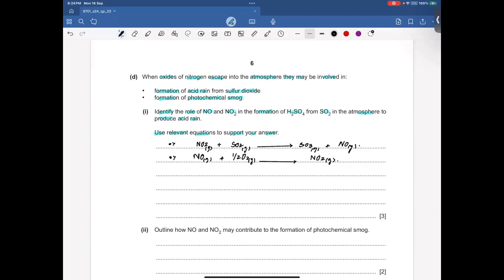Now, see, NO2 is acting as a catalyst because it is involved in the reaction and it will be recovered at the end of the reaction as well, which means NO2 is acting as a catalyst, also as an oxidizing agent.